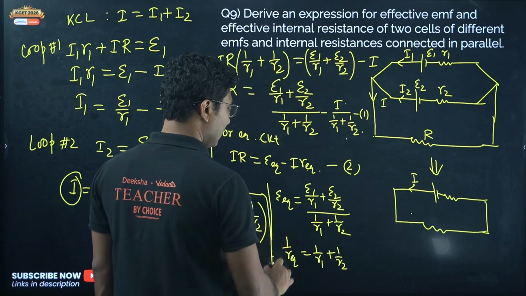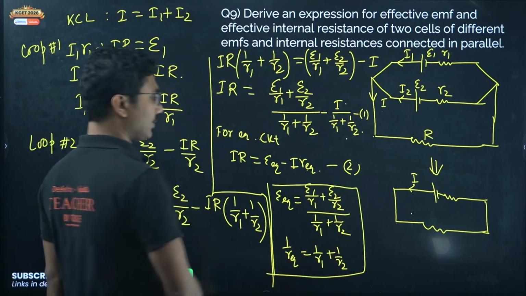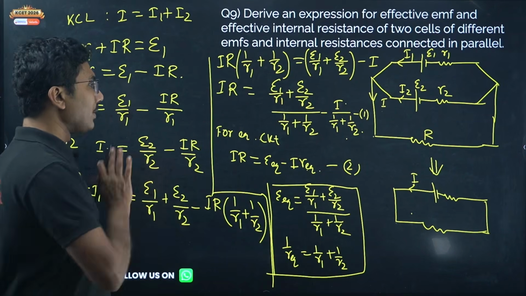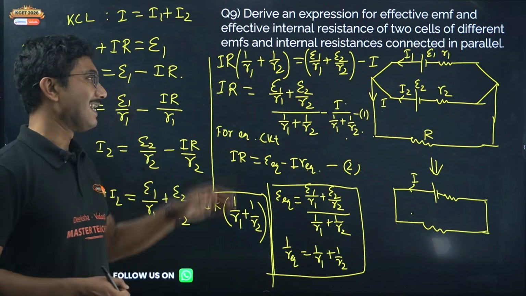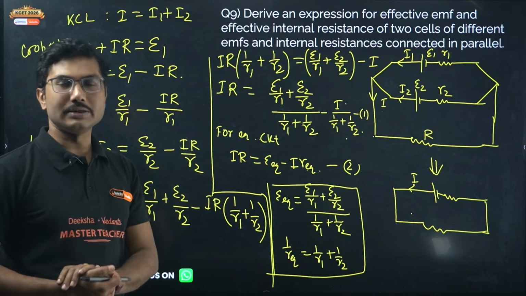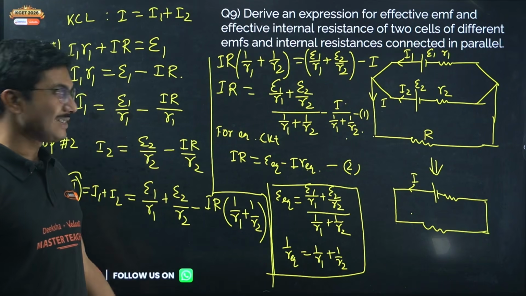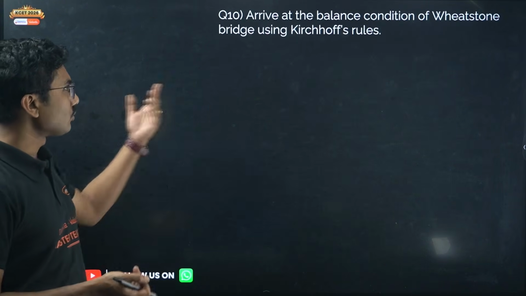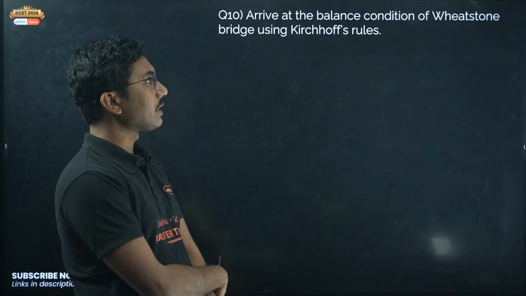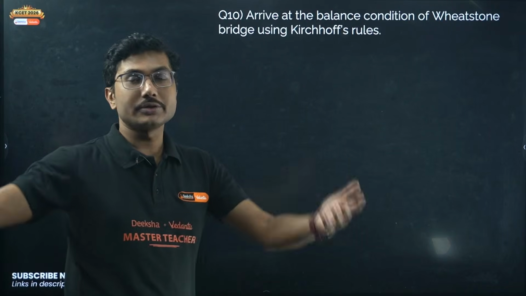So this is the equivalent EMF calculation. Not super difficult, but you need to practice this. This is tricky. This derivation is longer than the series one, and you have to practice it two times to master it.